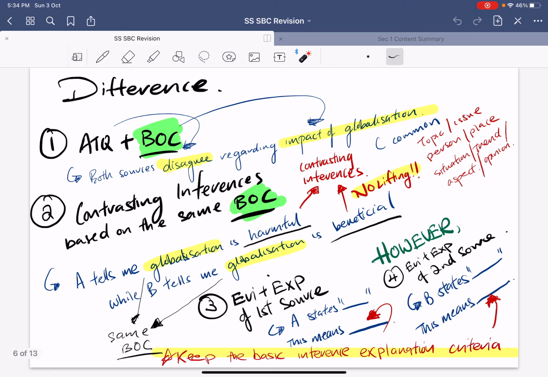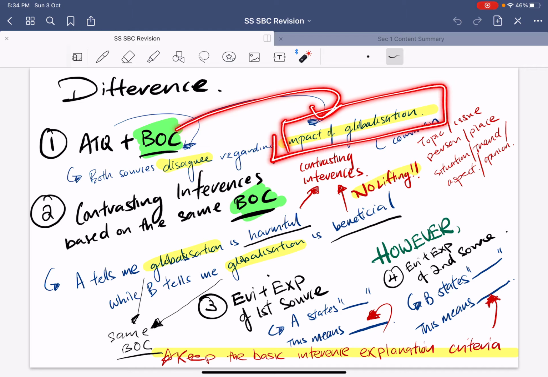Now for difference, it's a little bit different, but still more or less the same. In the first line, you have to write your ATQ plus your common topic, your common BOC. For example, both sources disagree. So for your ATQ, use the word different or disagree. Both sources disagree regarding the impact of globalization. Can you see my common topic here is the impact of globalization?